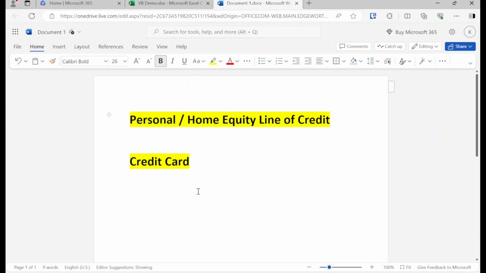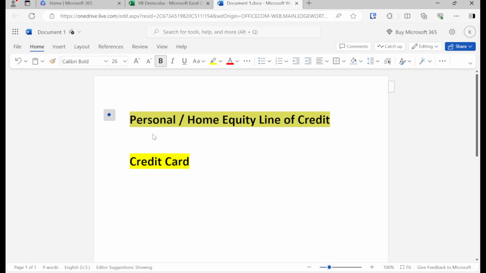This is why lines of credit have higher interest rates, just like with any other product. If a software product has more features, they make you pay for it, compared to maybe a base or free version. Same thing in the financial or lending world. Now, there are two types of lines of credit, or I will put them in two categories. A credit card is definitely a line of credit, and so is a personal and home equity line of credit.